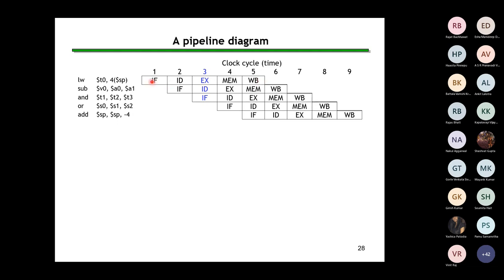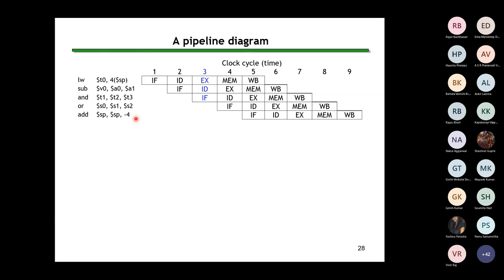In the first clock cycle, the IF part is executed for the first instruction. In the second clock cycle, the instruction decode and register read is executed, and so on. In the horizontal direction, we show the clock cycles, and in the vertical direction, we show the instructions.